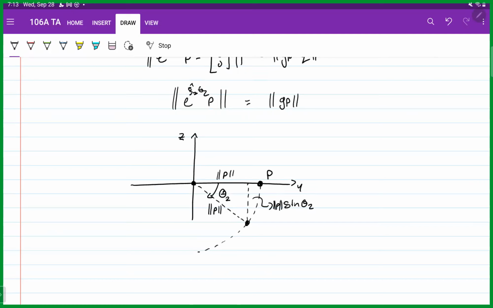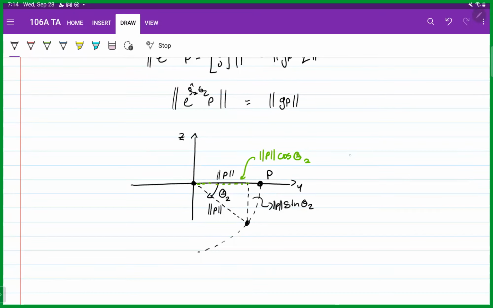And this little length along this guy right over here is equal to the norm of p times the cosine of theta 2, okay? Yeah. Okay, so we have a cosine on one, we have a sine on the other, right? That's just from doing the dot product right there, or just using basic trig. Yeah, I'm just talking about the length of this at the moment.